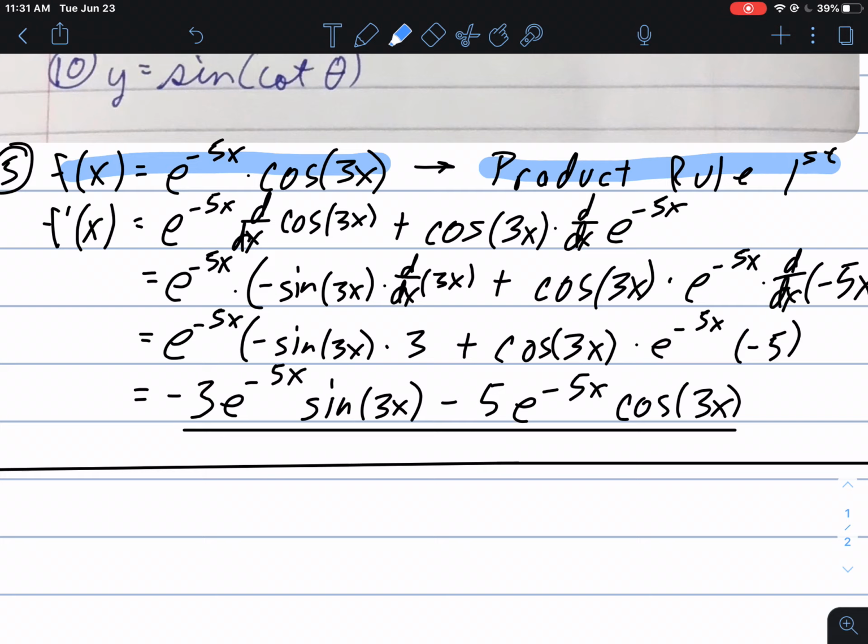So first thing I'm doing is following the product rule, which says what? F prime of x would be the first function, e to the negative 5x, times the derivative of the second, plus the second function, cosine 3x, times the derivative of the first. That's product rule. Then we go in and say, okay, I have to differentiate cosine of 3x, and I have to differentiate e to the negative 5x.